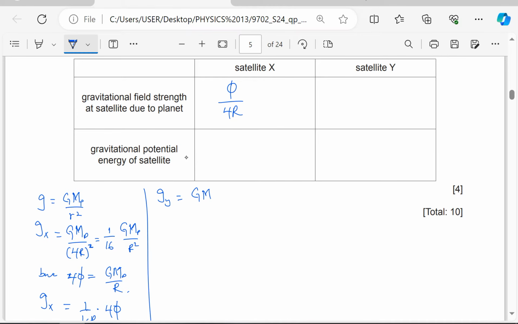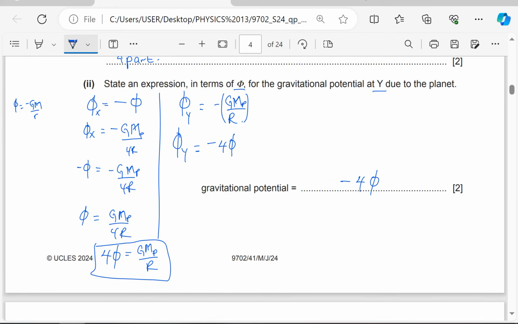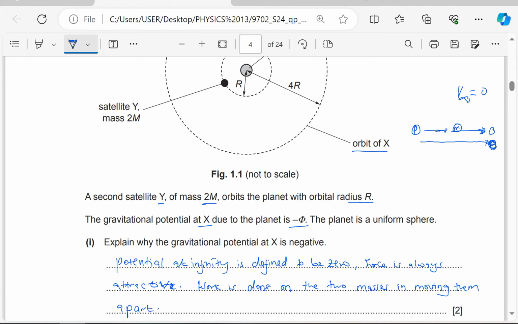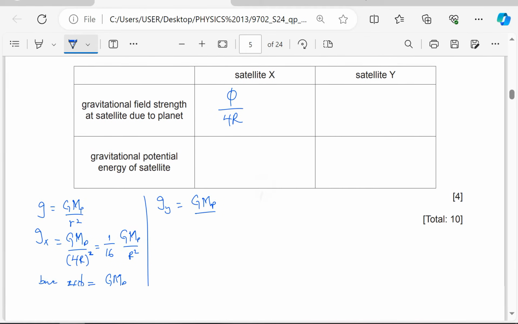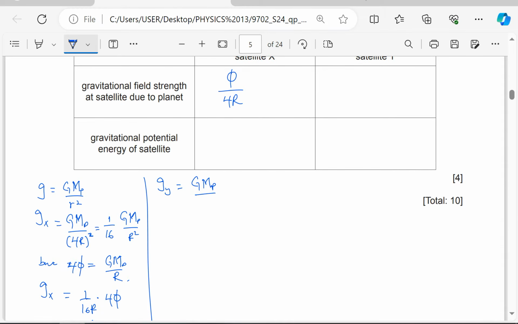So G times the mass of the planet. We are not using the masses of the satellites because it depends on the mass of the planet. Then this is divided by the orbital distance for y. The orbital distance for y is just r, but squared, remember? So this is divided by r squared.